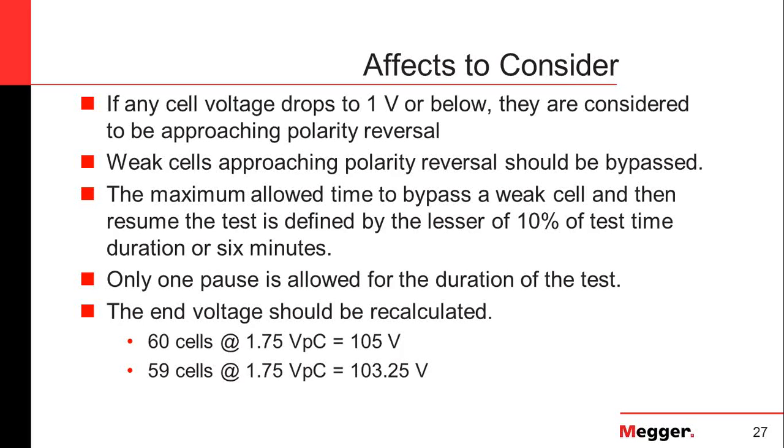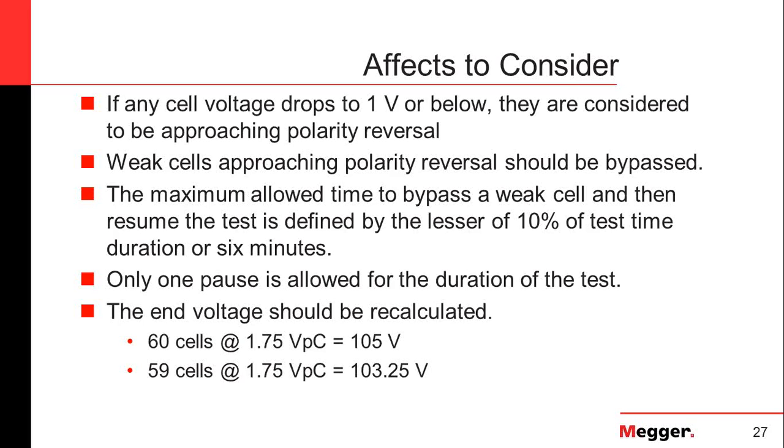The other thing to note is you're only allowed 1 pause during the test. So if you stopped it halfway, bypassed a few cells, and then 3/4 of the way into the test you have some more cells you need to bypass, well then that's a non-passing test. You're not allowed to pause more than once.